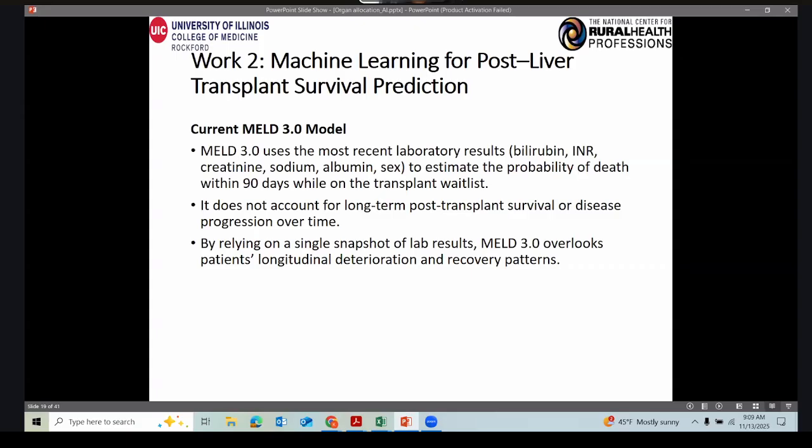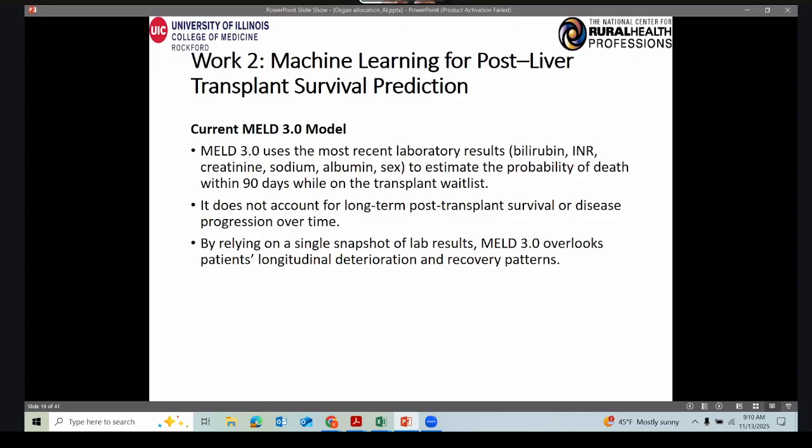So it is an urgency-based model that helps determine who is most at risk of dying soon without transplantation. However, there are major limitations to this approach. The first is that MELD 3.0 only focuses on short-term survival. It does not tell us anything about long-term outcomes after transplantation.